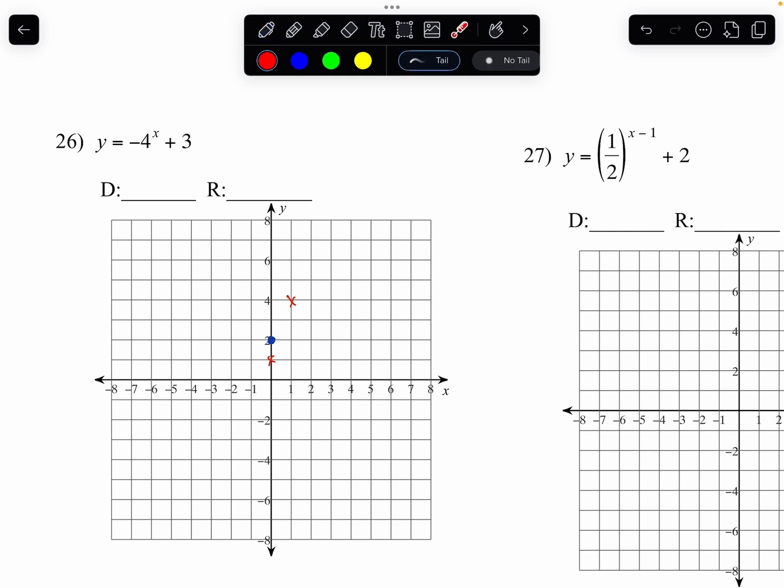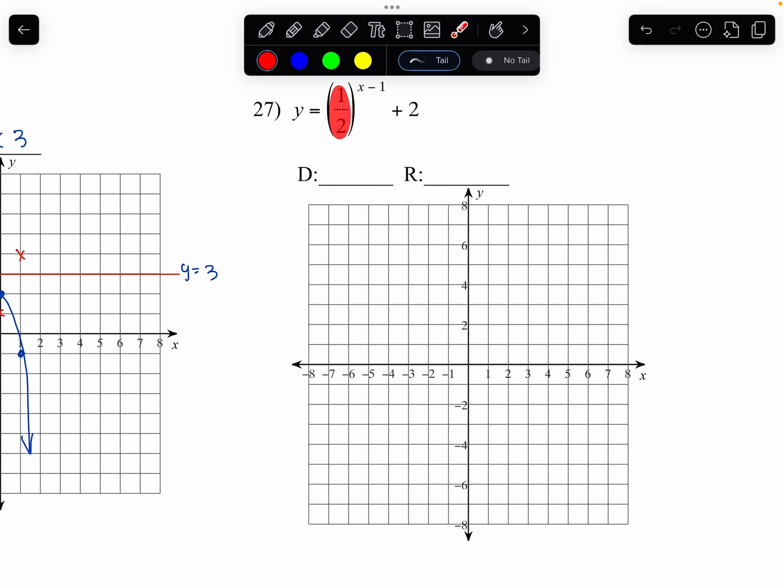And then this point we're going to reflect and move it up 3, 1, 2, 3. So right here. And the asymptote is going to be moved up 3 as well. So it's going to be at y equals 3. And then this one's just going to be headed down. So that's what it should look like. Domain is all real numbers. The range is y is going to be less than 3.